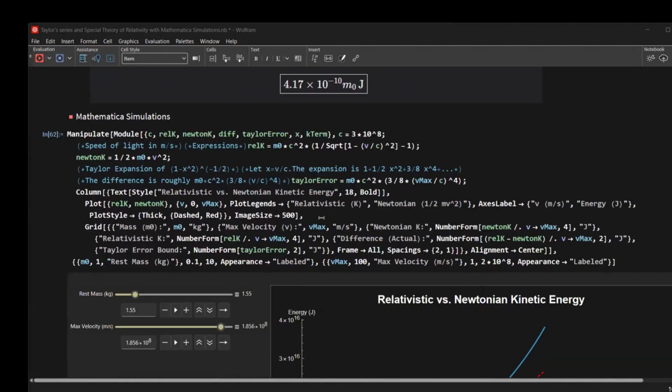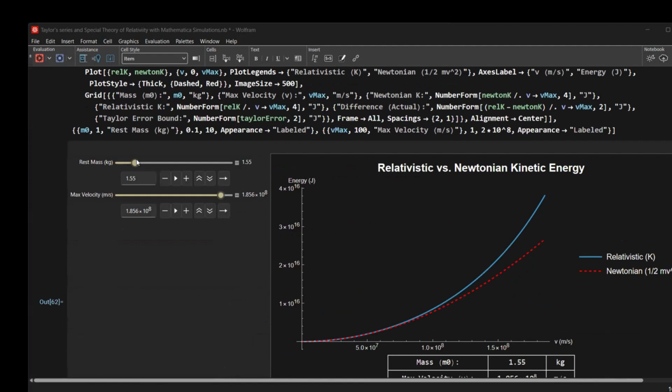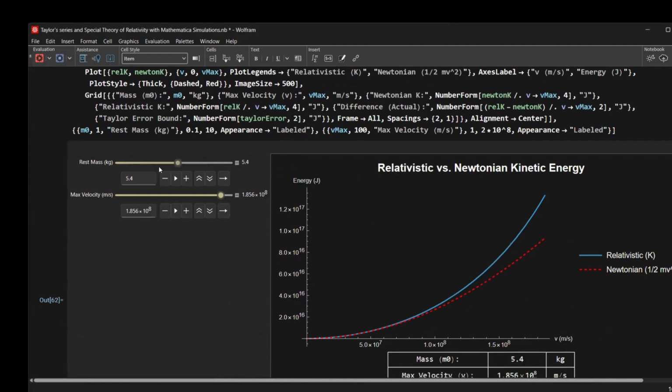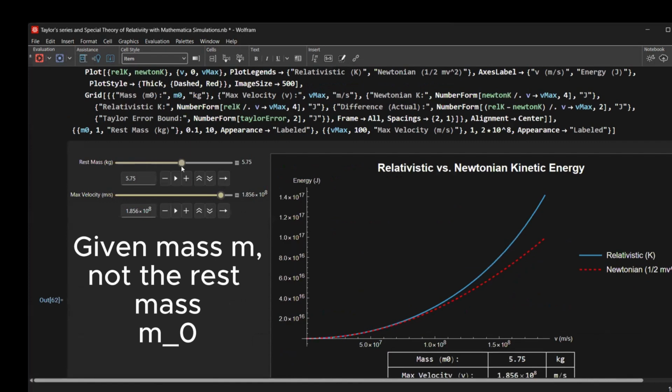So we have the mathematical simulation here. For example, we increase the rest mass here due to the effect of the special theory of relativity, because of the increasing speed.